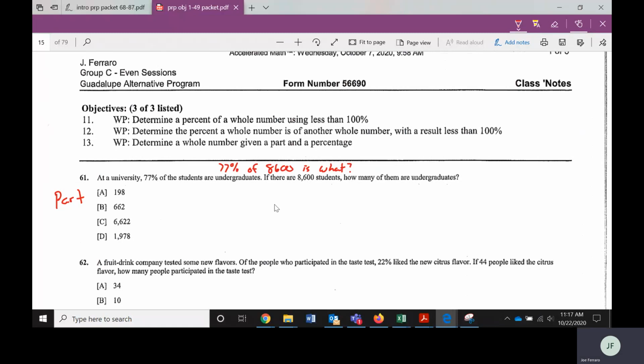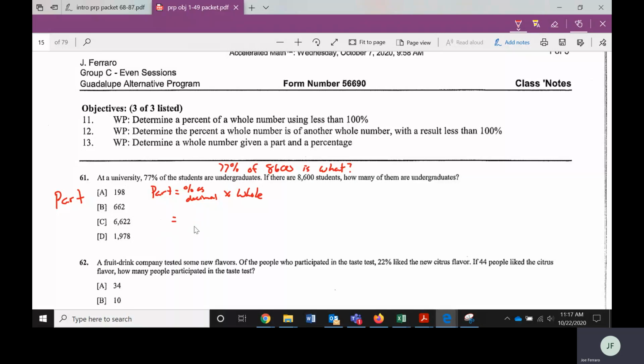So if you're looking for a part, we had two ways we could do that. The percent equation form that we did: the part equals the percent as a decimal times the whole. So this would equal the percent as a decimal.